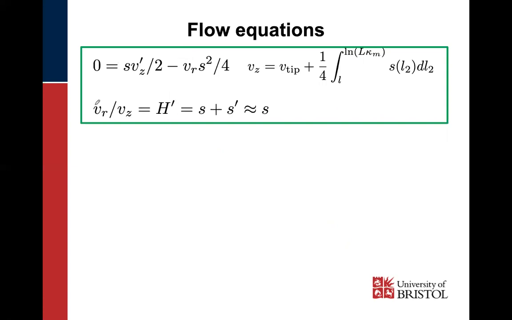And I have another condition, namely that for a steady flow, the surface of my drop is a streamline of the flow. So now I get a system of 3 equations for 3 unknowns, namely S, Vz, and Vr, and it's a very simple matter to solve this set of equations.